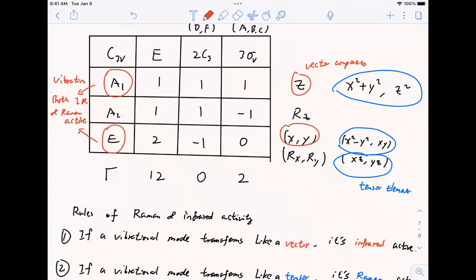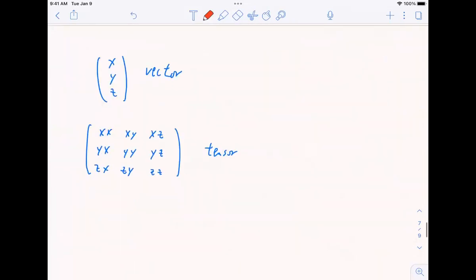You can easily tell the tensor is basically two vectors put together. Under inversion, V will become negative V, but the tensor will just be the same, because negative V times negative V is just VV. So they will never share the same representation under inversion.